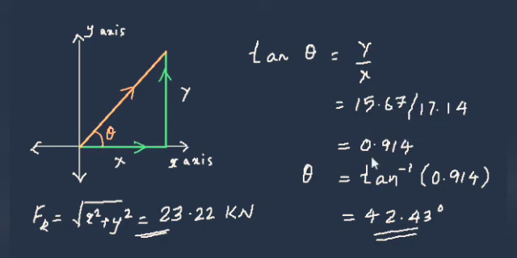That gives you 0.914, and theta is tan inverse of 0.914, which is 42.43 degrees. So the angle or the direction of the resultant force is 42.43 degrees and the magnitude is 23.22 kilonewton. You can try this example by yourself to make it thorough.